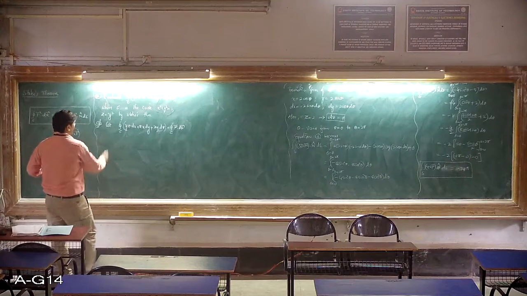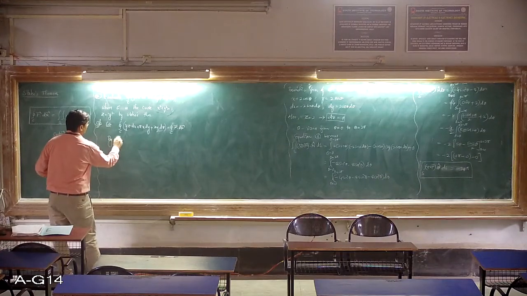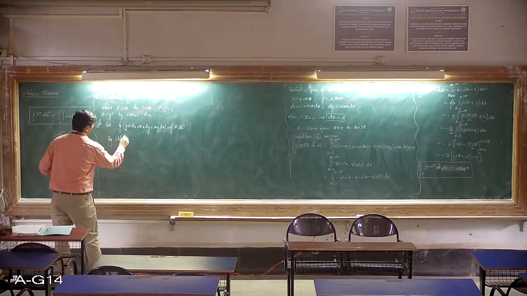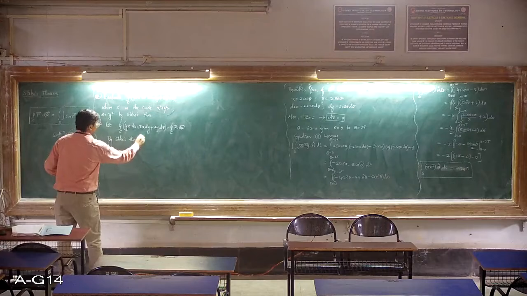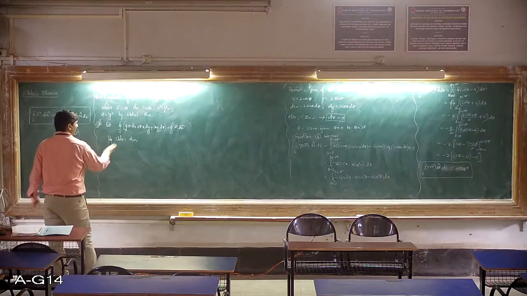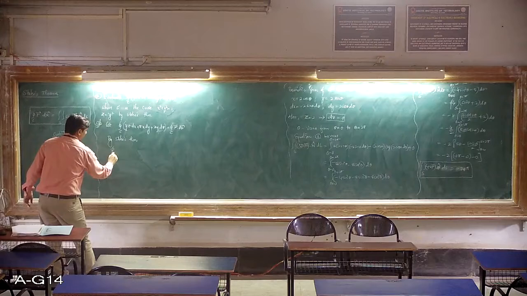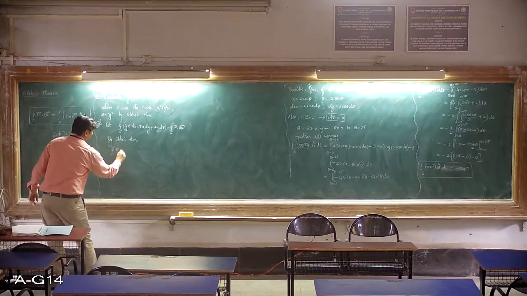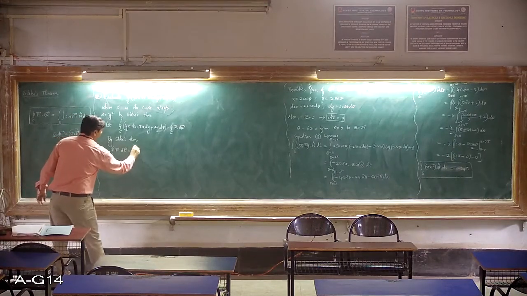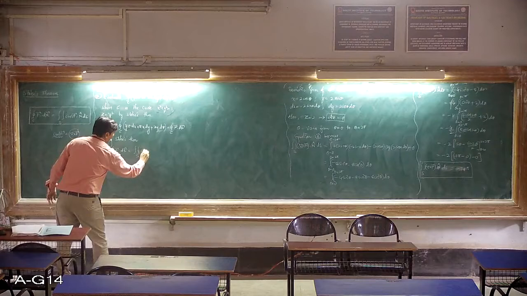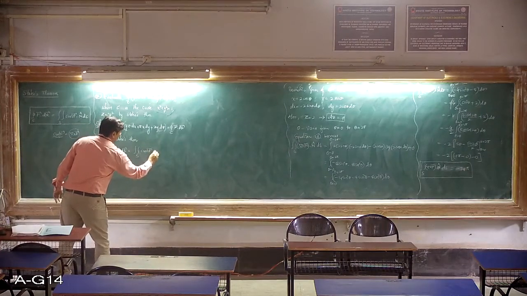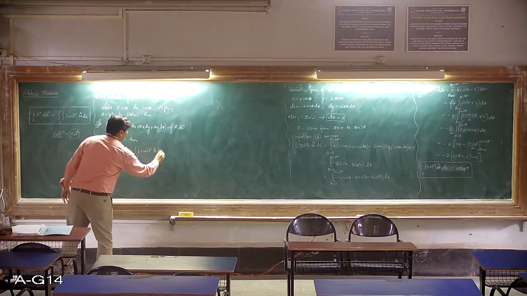So now by Stokes theorem, we can write the same thing. I'll write it: integration over closed curve C of F dot dr is equal to double integration over surface S of curl F dot n cap into dS.